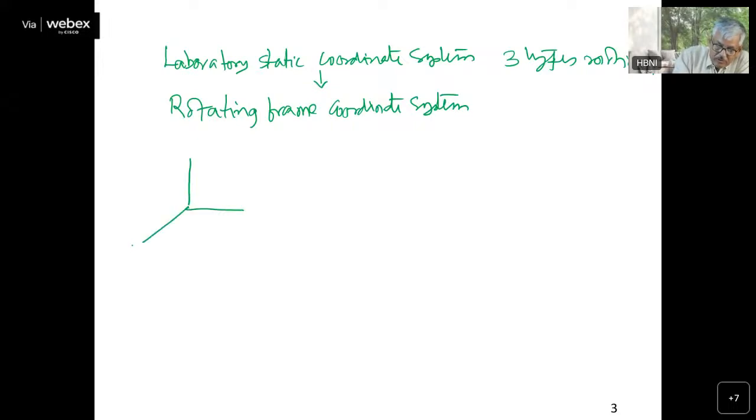Okay, so in the laboratory frame, it was like this. This is your x, this is y, and this is your z. These are static, and motions are happening around these three coordinates. Now in the rotating frame coordinate system, these are your static coordinate system x, y, and z.